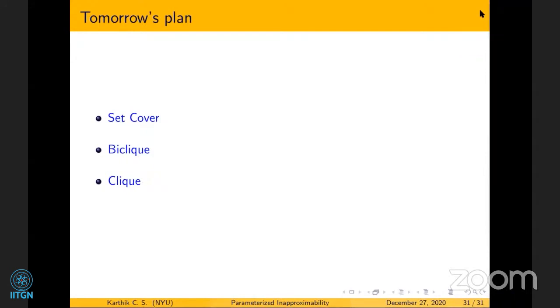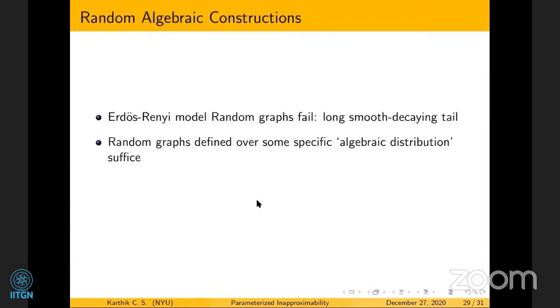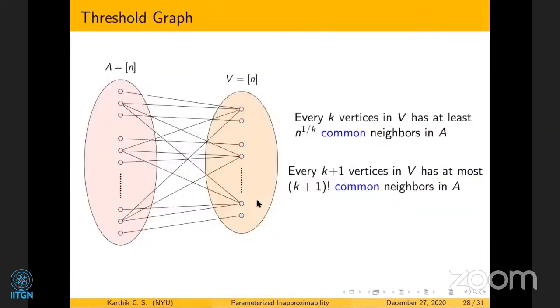So, Karthik, can I ask? Yeah, sure. So the threshold property for one-sided clique, it was very sharp, n to the 1 over k and (k+1) factorial. Did you really need that, or was it something available and so you picked it up?